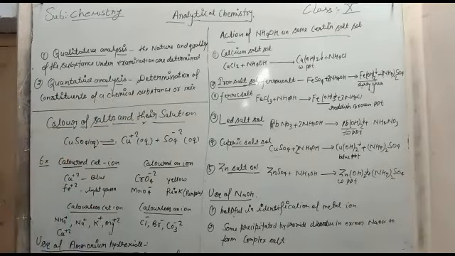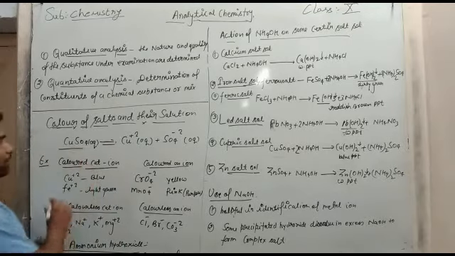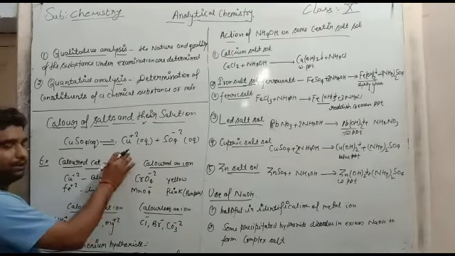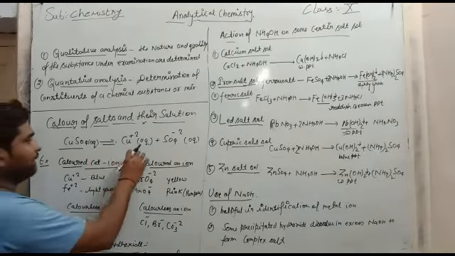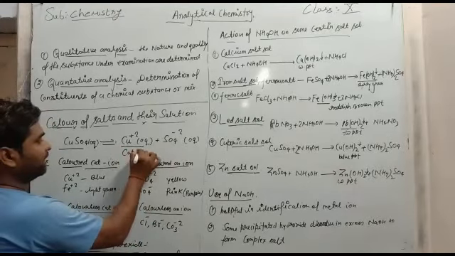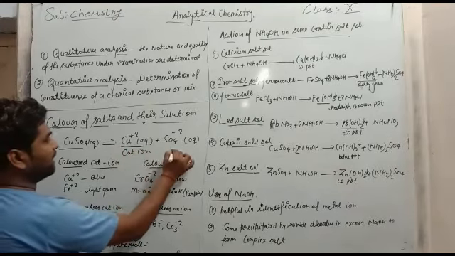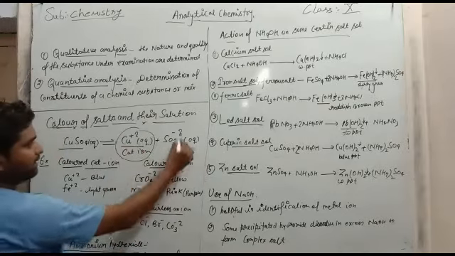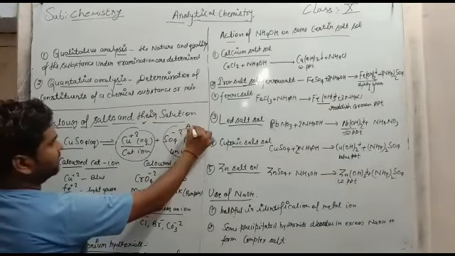Okay students, now the next topic is the color of the substance and their solution. If any compound like copper sulfate goes through dissociation, then two types of radicals will be generated, positive and negative. This radical is known as the cation, the basic radical, and this one is known as the anion, the acidic radical.